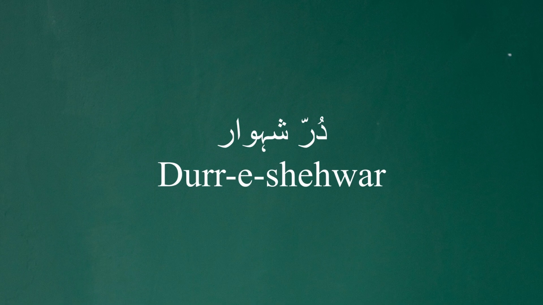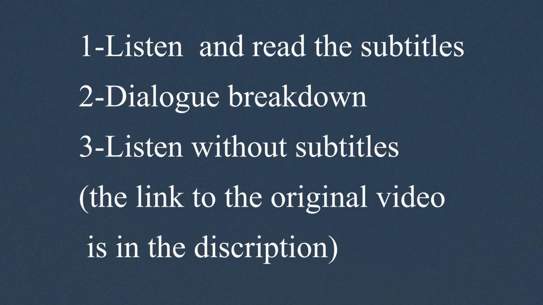So today I'm going to show you a short clip of a drama called Durre Shehwar. I probably watched it like 15 or 10 years ago. It's a Pakistani drama and shows the complexity of marital life. There's a contrast happening here where the daughter's marital life is shown in modern times and the mother's marital times is shown in post-partition time, which is more traditional and more strict.